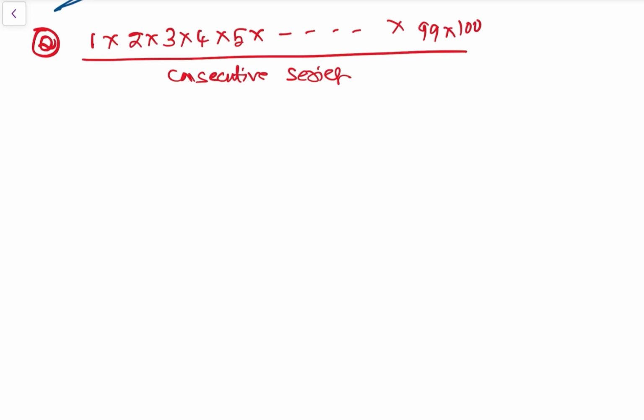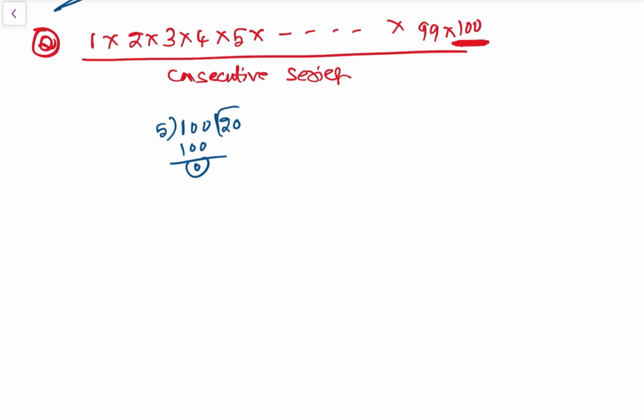So in a consecutive series, to find the number of zeros we need to divide the last number by 5. Okay, last number by 5, that is 100 divided by 5. 5 twos are 10 and 0, so 0, 100.